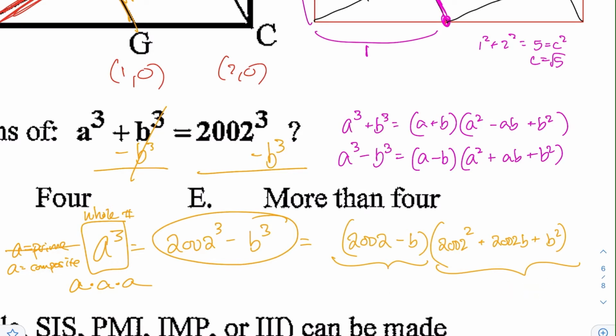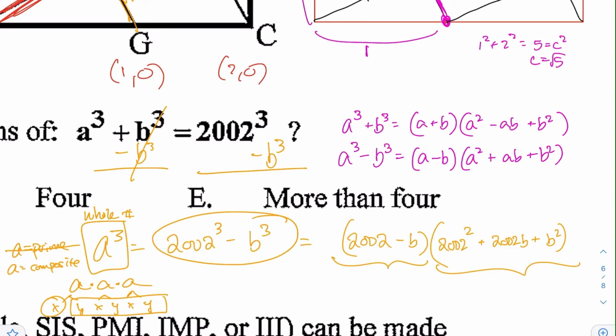But even if a is composite, and we can break down a into smaller numbers, let's say x times y. If you pick one of these numbers, let's say x, the other number here has to have x as a factor, because they must have x as a factor in it.